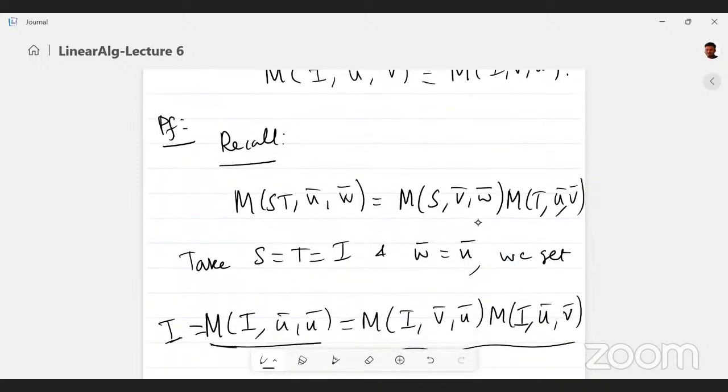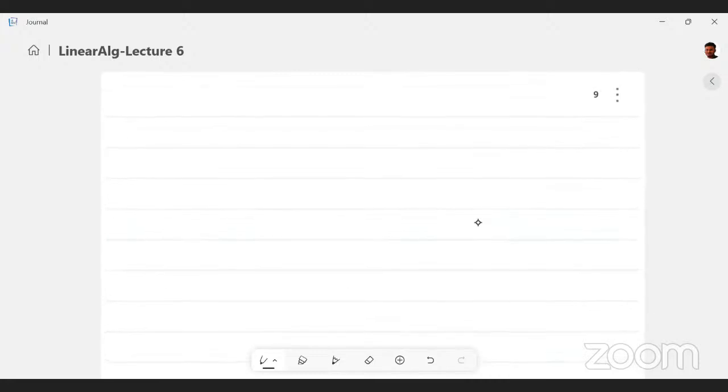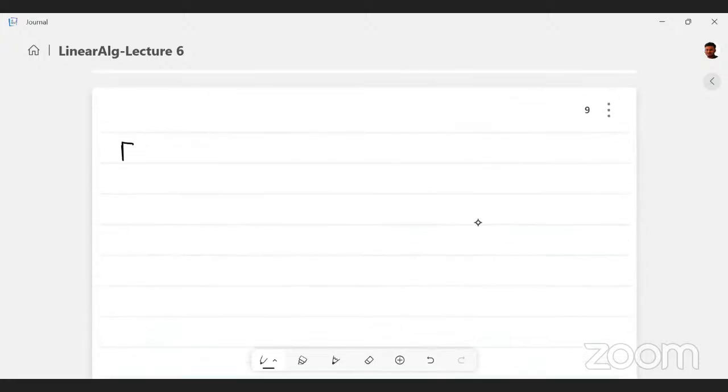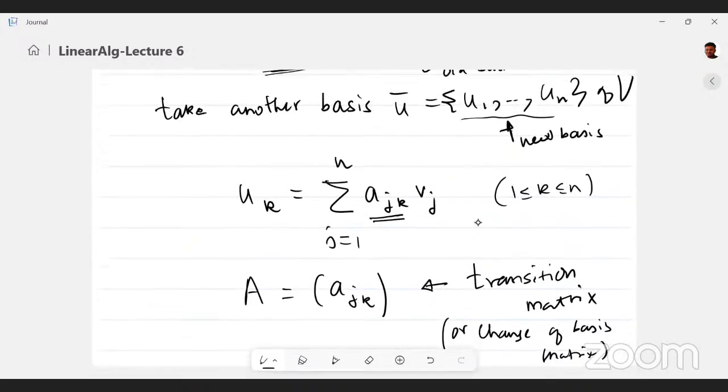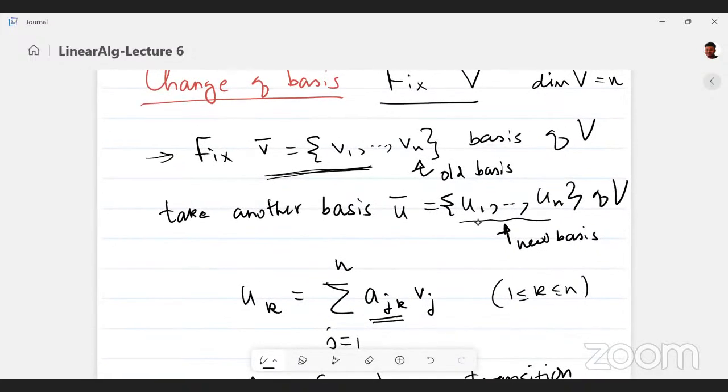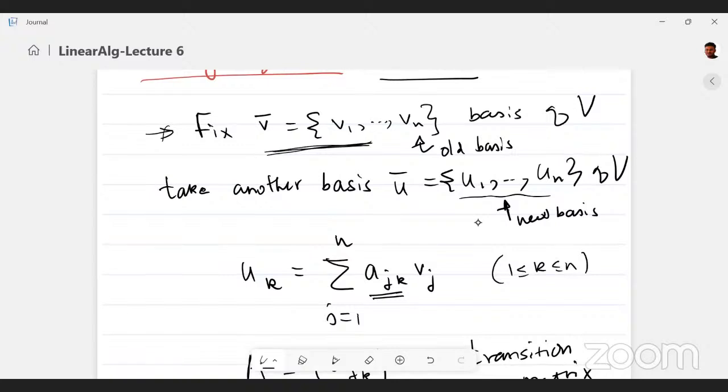So this change of basis matrix is very, very important. Now I will leave one exercise, which is actually very important. What we have seen is that once you fix a basis V bar, then any other basis U bar must come from this equation, where the scalars AJK form an invertible matrix.